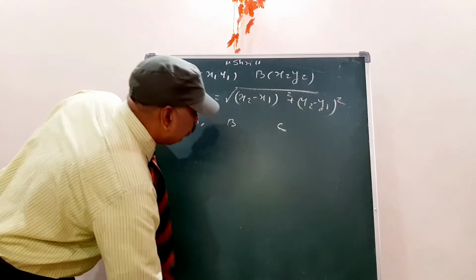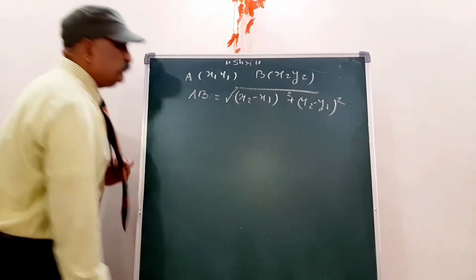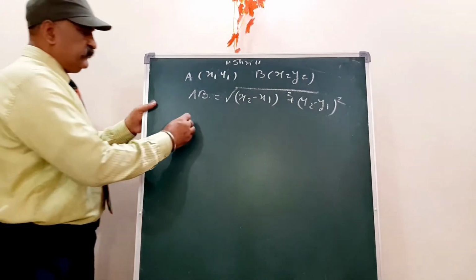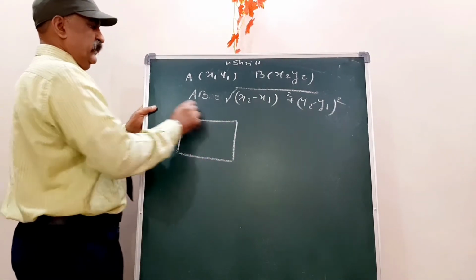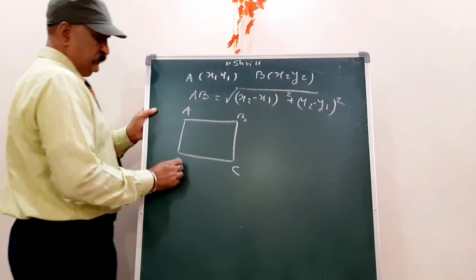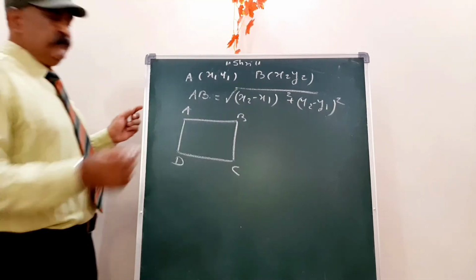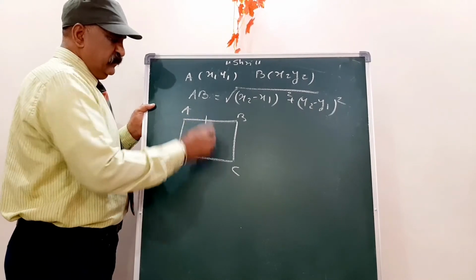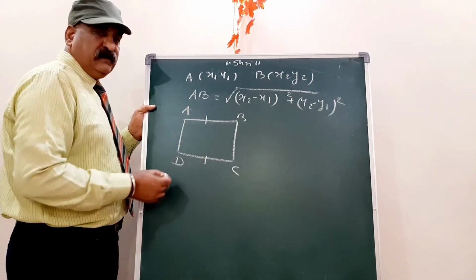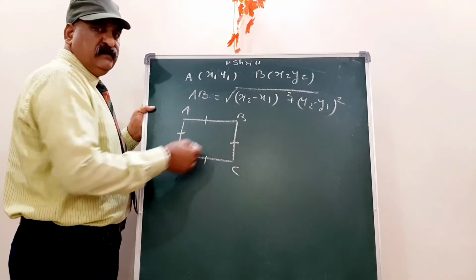Now if you want to show these are the sides of a rectangle, if the 4 points A, B, C, D are given to you, what you will do? AB is equal to DC, opposite sides are equal, and AD equal to BC.